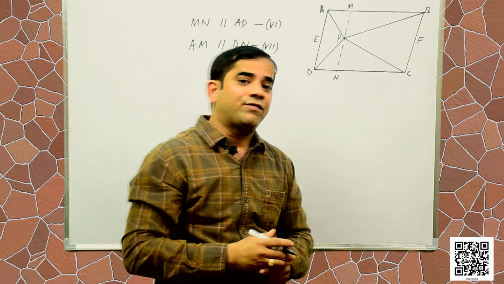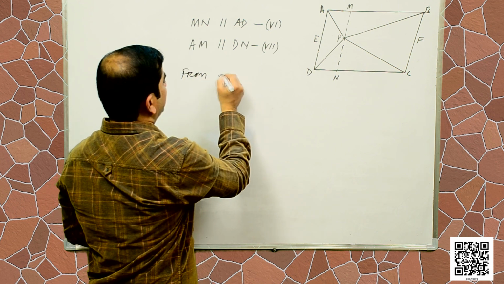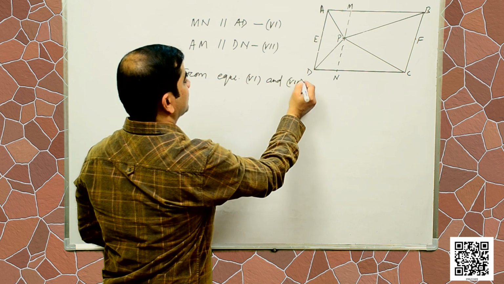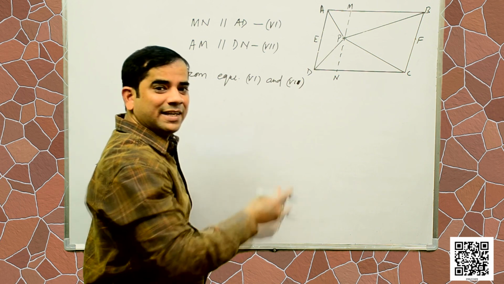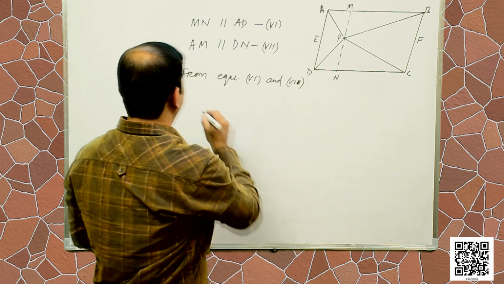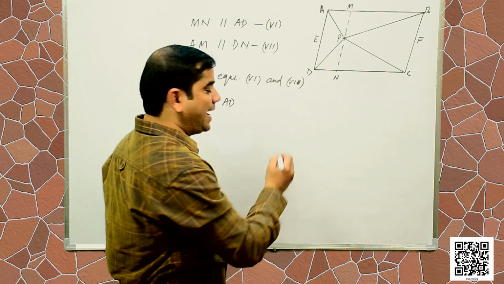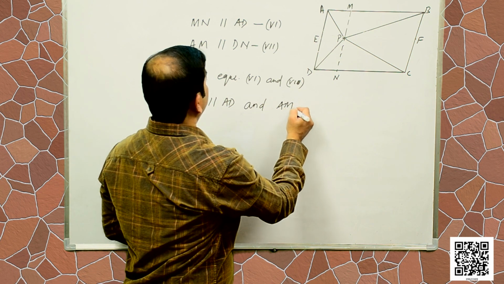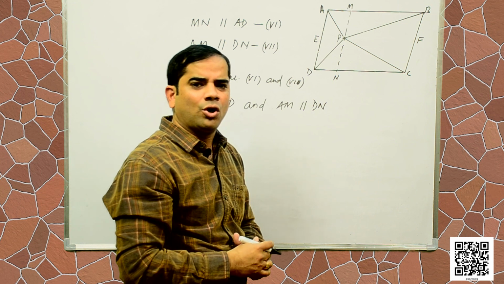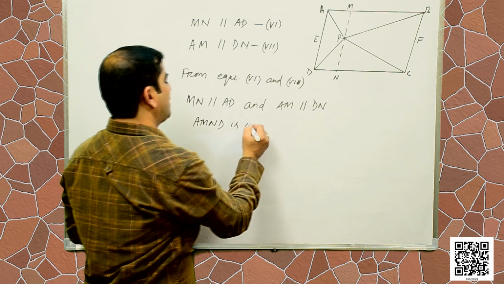Let it be equation 6 and this should be equation 7. So from equation 6 and 7 we obtain that MN is parallel to AD and AM is parallel to DN. So that is why AMND is a parallelogram.